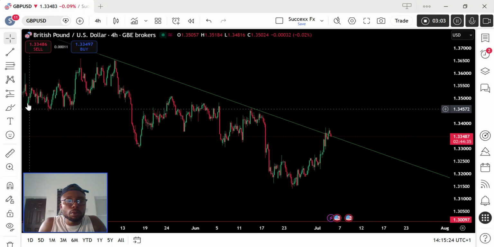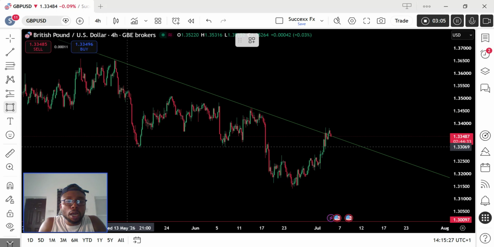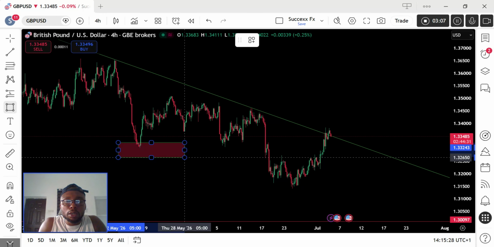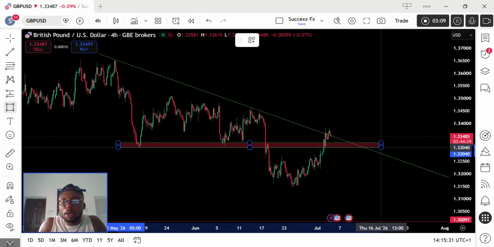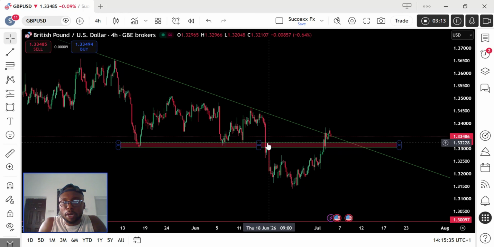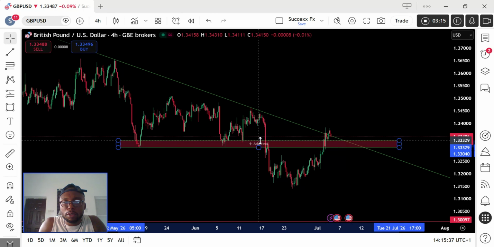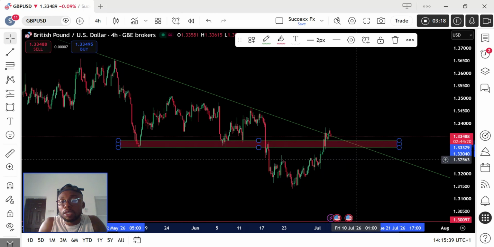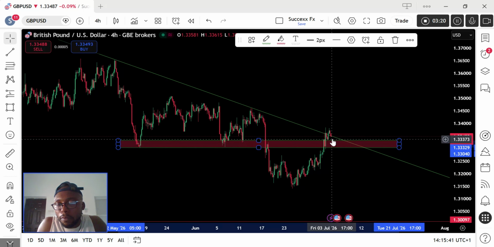Because if you look right here, we also have a solid resistance which has now turned into a support right here. We have a resistance zone that has turned into a support right here.